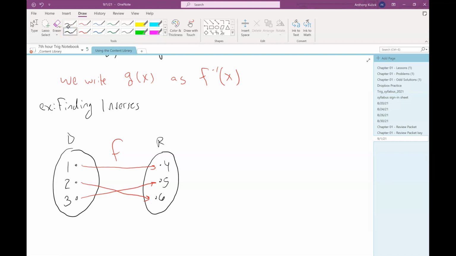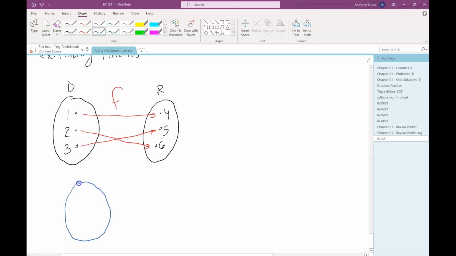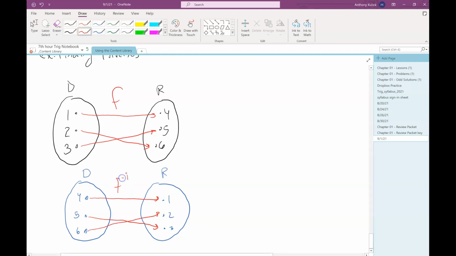So in f, 1 goes to 4, 2 goes to 6, and 3 goes to 5. In my inverse, I have to reverse the direction. So I have to take 4 and send it back to 1. I'd have to take 5 and send it back to 3. And then I'd have to take 6 and send it back to 2. And this is what we'd call f inverse.